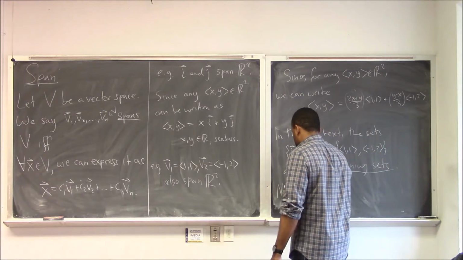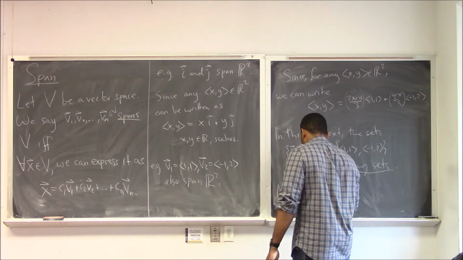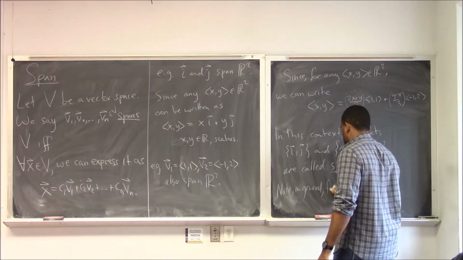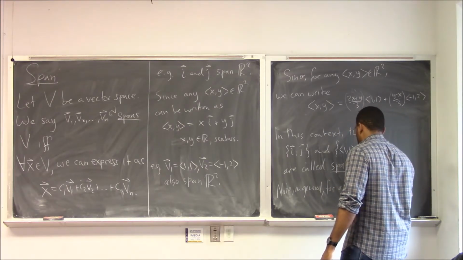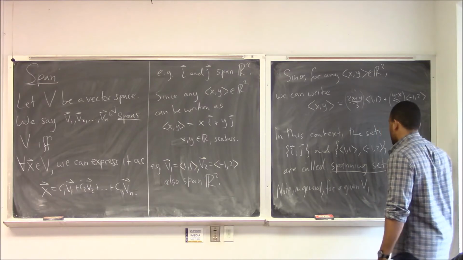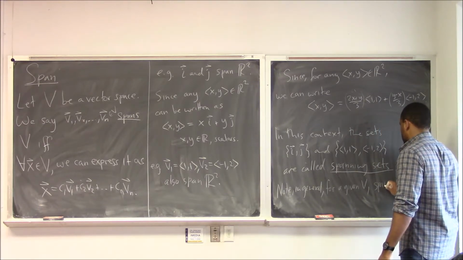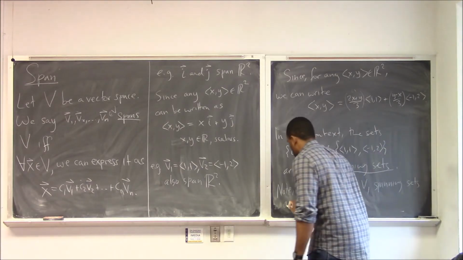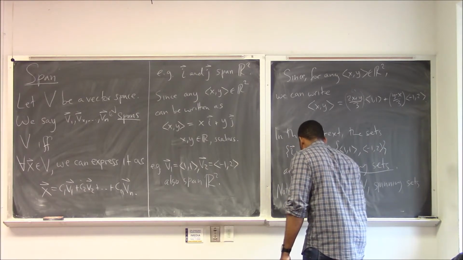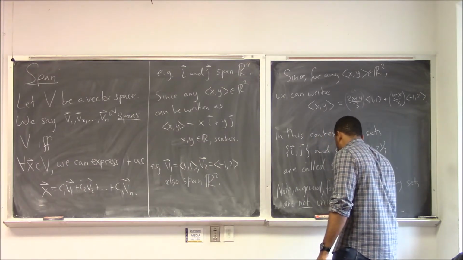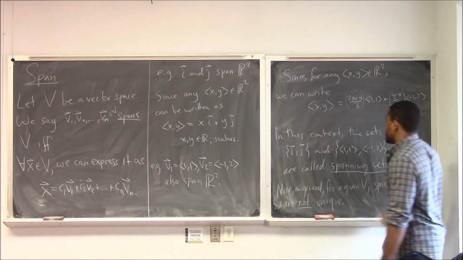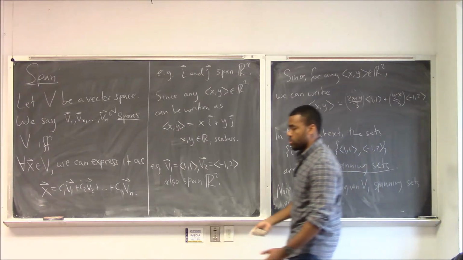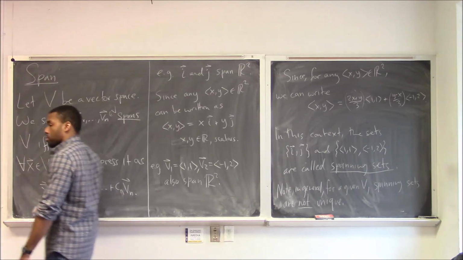You can note, in general, given V, spanning sets are not unique. In fact, even just for R2, there's an infinite number of vectors that I could choose that can span it. I can write coordinates in an infinite number of ways.